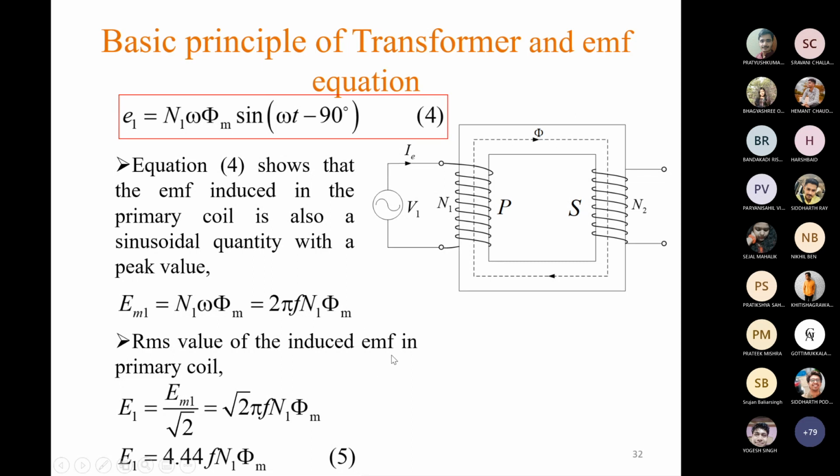The expression of induced EMF across the primary winding is given by equation 5, that is E1 equals 4.44 F N1 phi m.